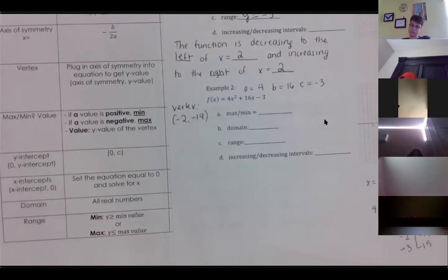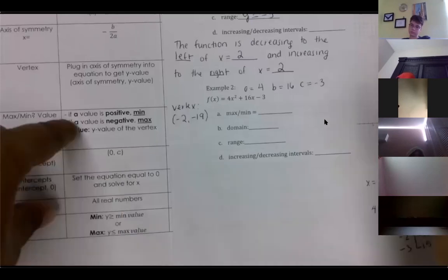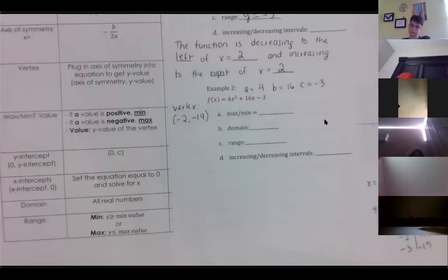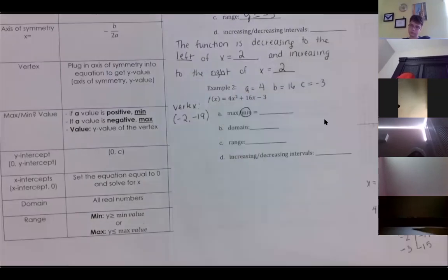Maximum. Well, what does the cheat sheet say? What is it dependent on? It's dependent on the A value, right? Yeah. So what's your A value? 4. Is that positive or negative? It's a minimum. And then what's that value going to be, Jaden? -19. Because it's the Y value for those.